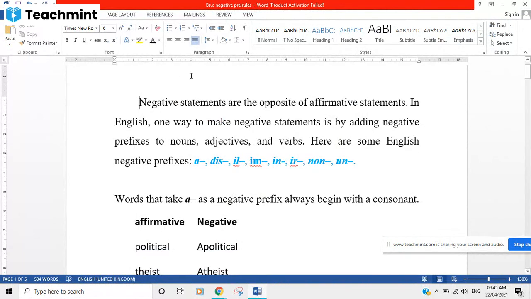In my previous lecture, I taught you about negative prefixes, right? Now tell me which negative prefixes I told you in my previous lecture. No, no. That is the definition of prefix.